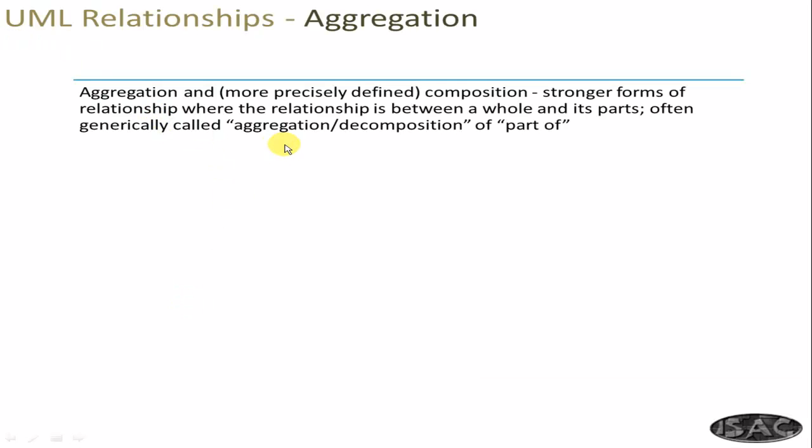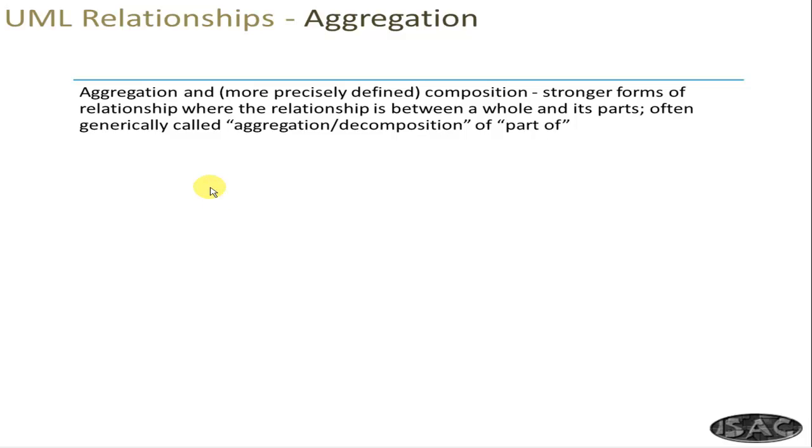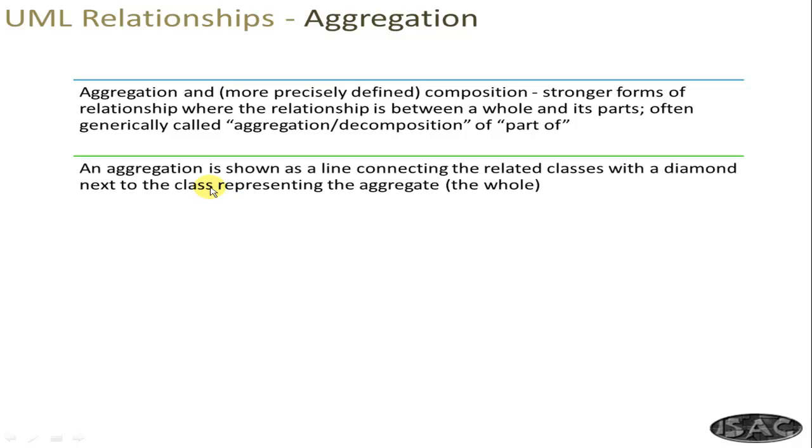So, this is what we call it. An aggregation is shown as a line connecting the related classes with a diamond next to the class representing the aggregate, the whole.